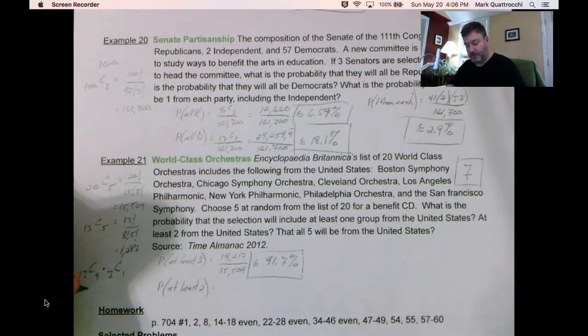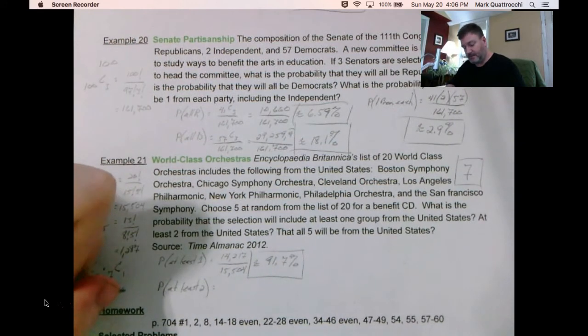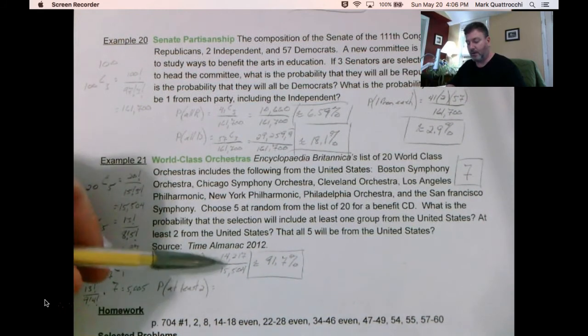So this is 13 factorial over 9 factorial 4 factorial times 7. 7C1 is 7. And this is 5,005. So we already subtracted 1,287 from the 15,504, and we got this.